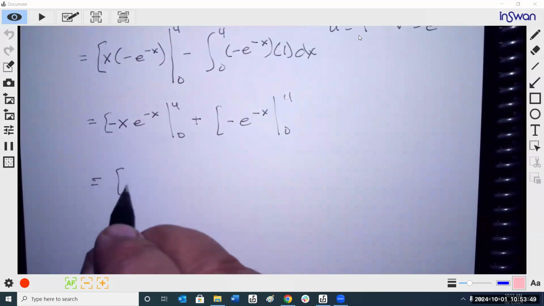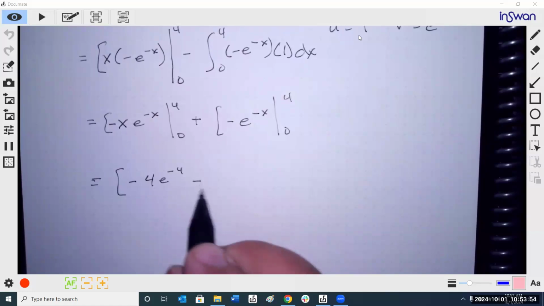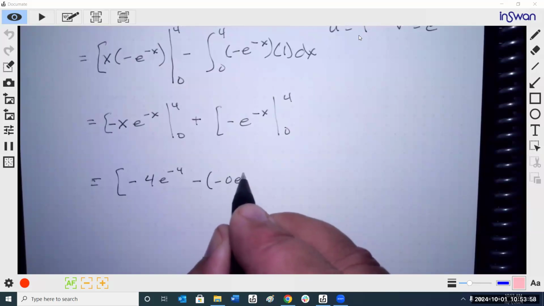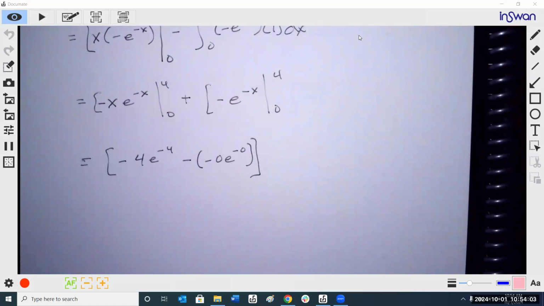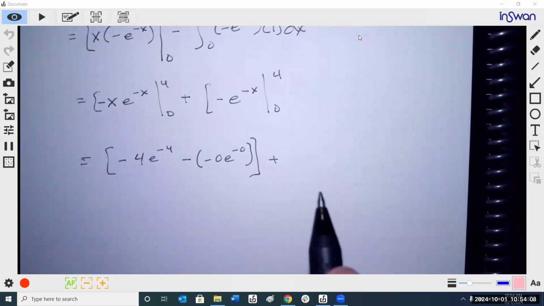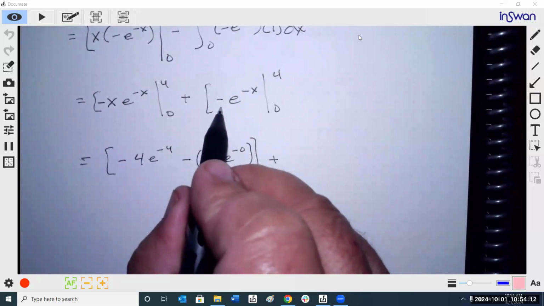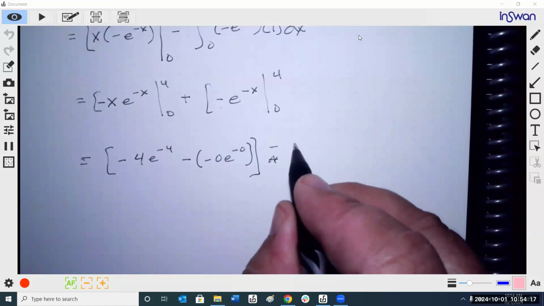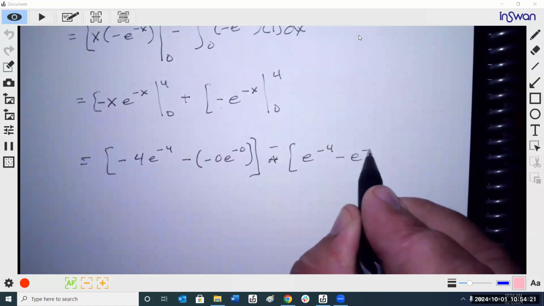So negative 4 e to the negative 4 minus negative 0 e to the power negative 0, plus, that's going to be minus again, e to the power negative 4 minus e to the power negative 0.